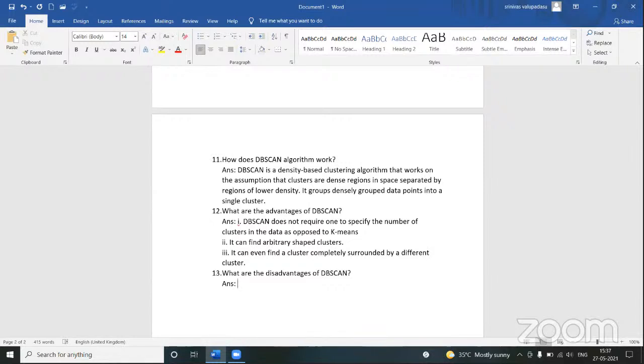If the cluster densities are varying, it is not applicable, and it does not work well in case of high dimensional data. If data has huge dimensions, it is impossible to cluster.